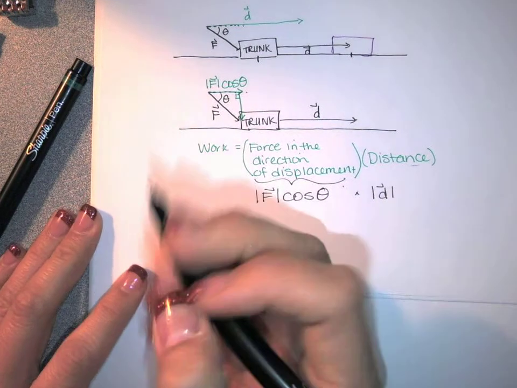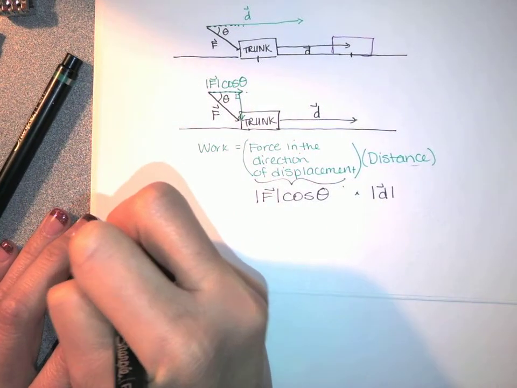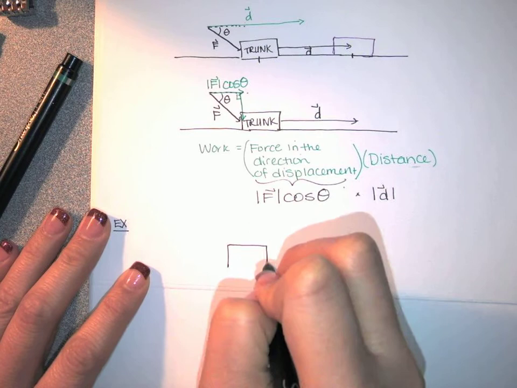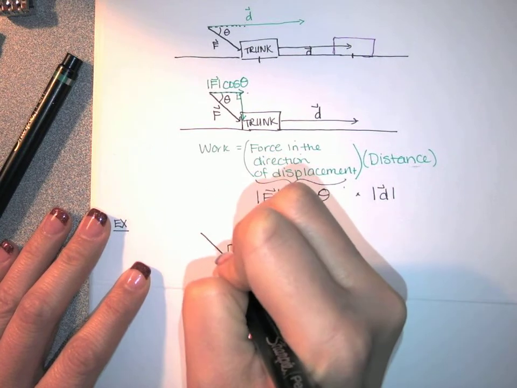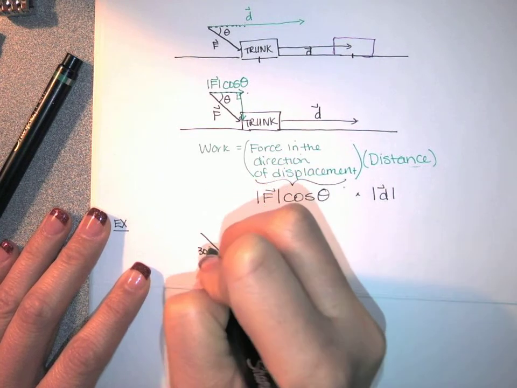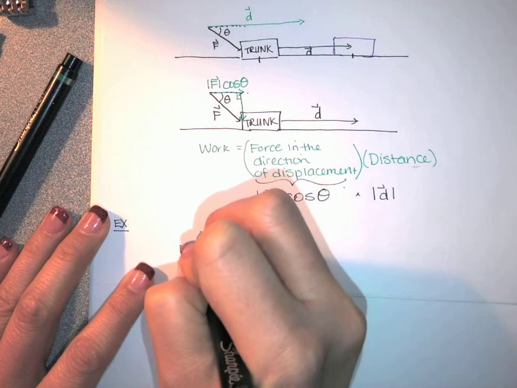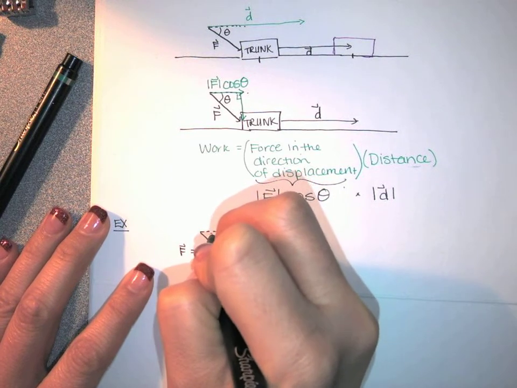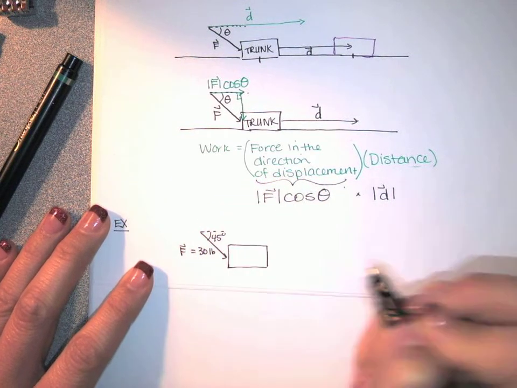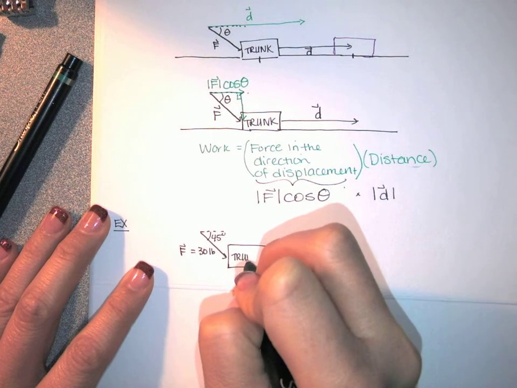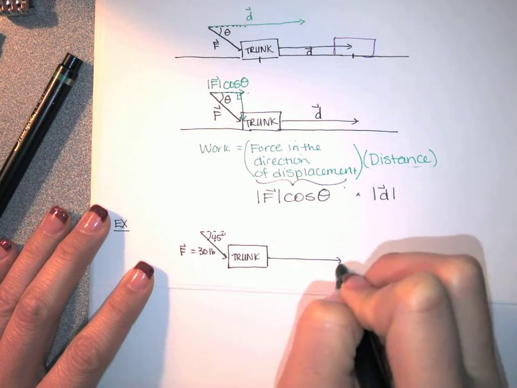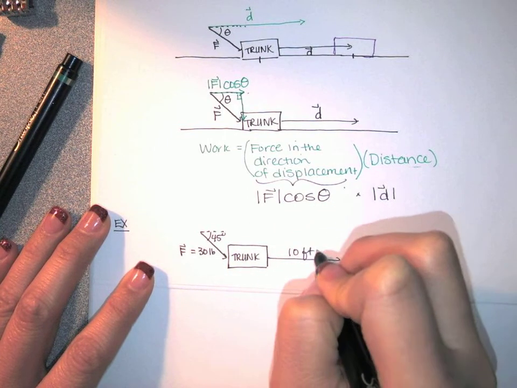So let's say here's my trunk, and I'm applying 30 pounds of force at this angle. The angle with the horizontal is 45 degrees. And I'm moving my trunk, let's say 10 feet, because I'm trying to move it across the room.